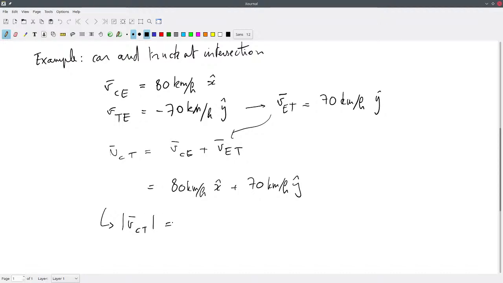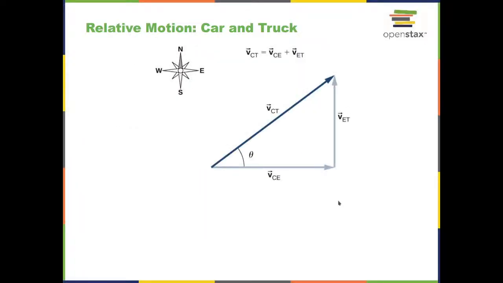So that will be 80 kilometers per hour squared plus 70 kilometers per hour squared, with a square root, just using the magnitude of this vector, right? So that is going to be this vector VCT.